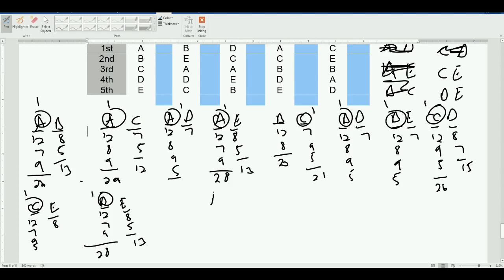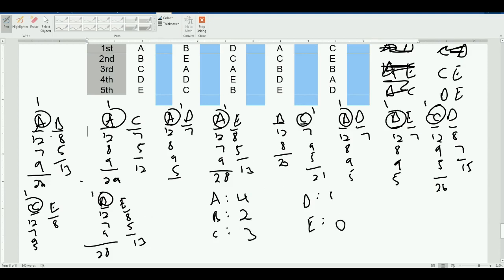So let's count up how many we have. A, B, C, D, and E. A has 1, 2, 3, 4. B has 1, 2. C has 1, 2, 3. D has 1 and E has 0.